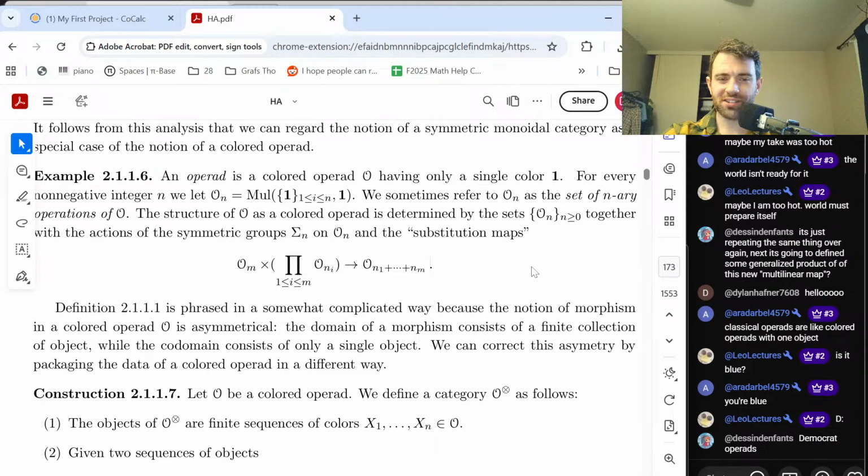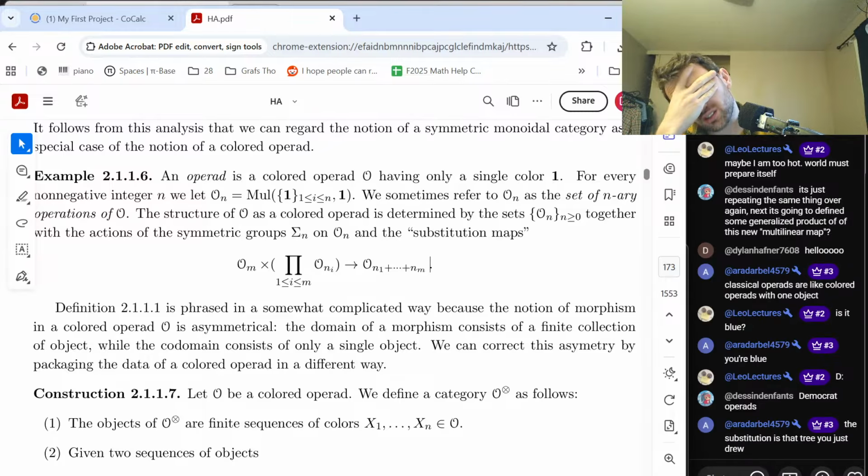Symmetric operads. Yeah, what is the substitution? Why do you? We're just calling any of these maps substitution maps.